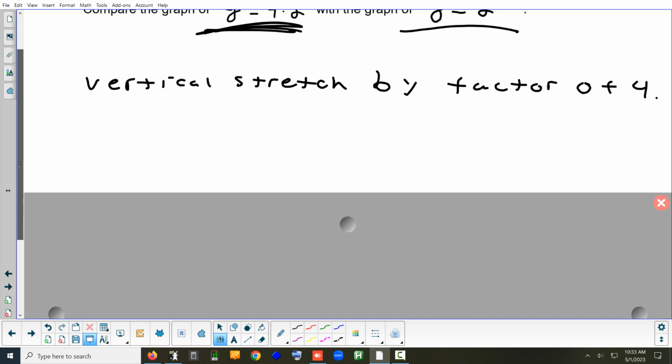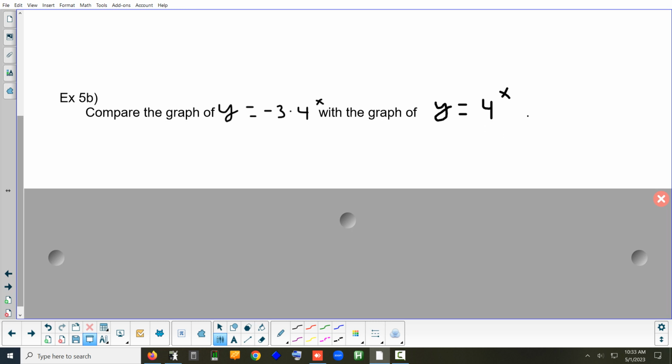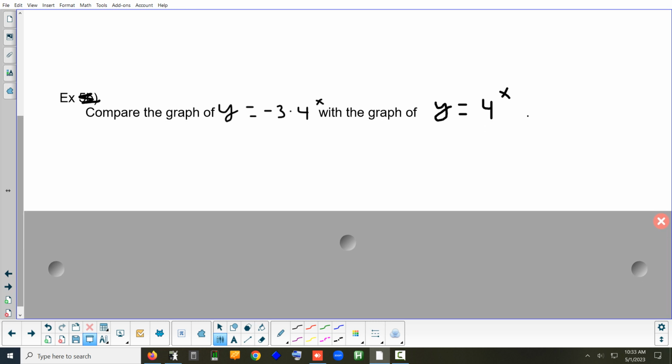All right, let's try 4b. It says to compare y equals negative 3 times 4 to the x with y equals 4 to the x. So you're going to focus on this number.